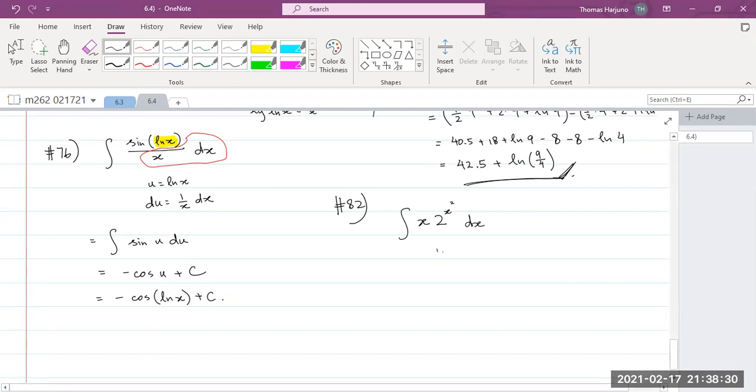So u equals x squared, such that du is 2x dx. Now I have x dx already. So du over 2 equals that x dx, right? Then the integral becomes the integral of 2 to the u du over 2. See the substitution?